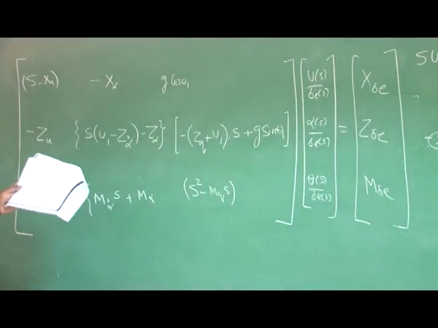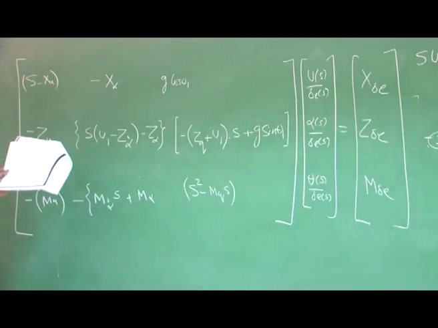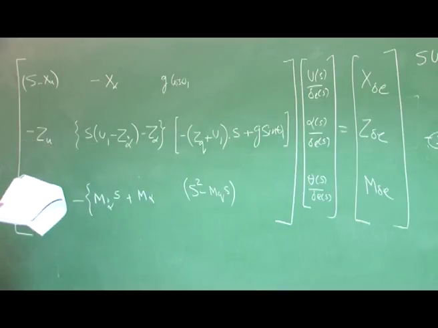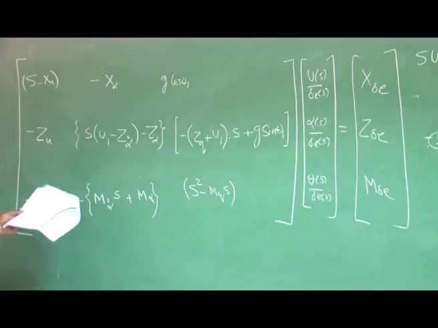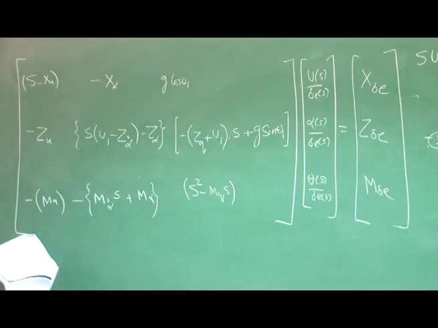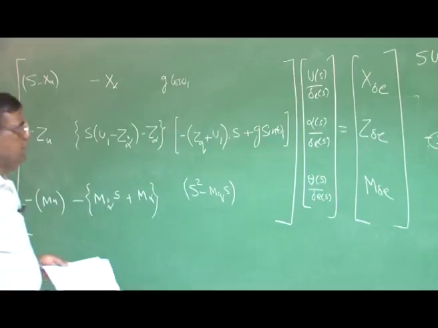Let me check. s minus xu, minus x alpha, g cos theta 1; minus zu, s u1 minus z alpha dot s minus z alpha, minus zq plus u1 s plus g sin theta 1; minus mu, minus m alpha dot s plus m alpha, and s square minus mq s, times u, alpha, theta.